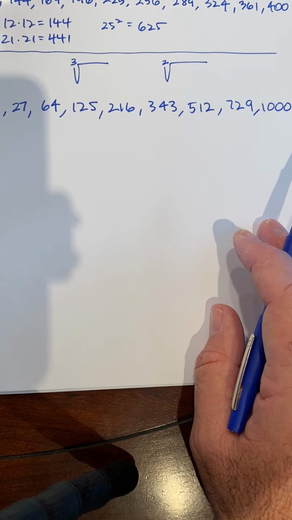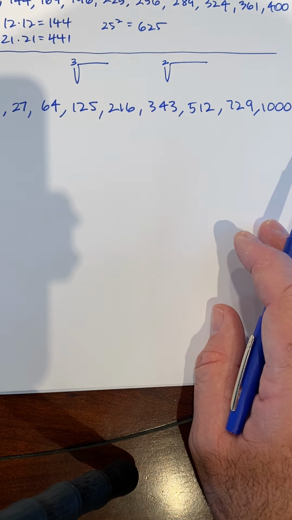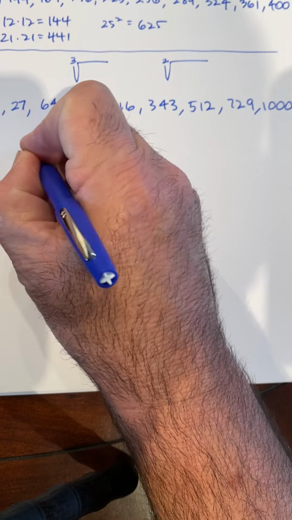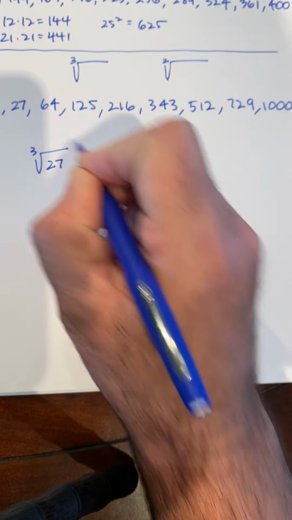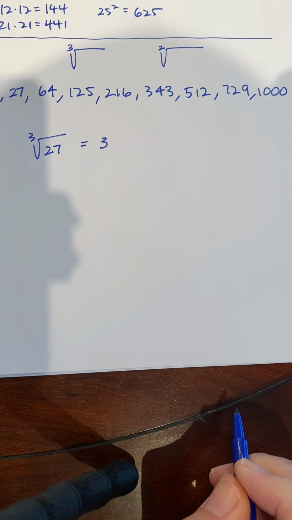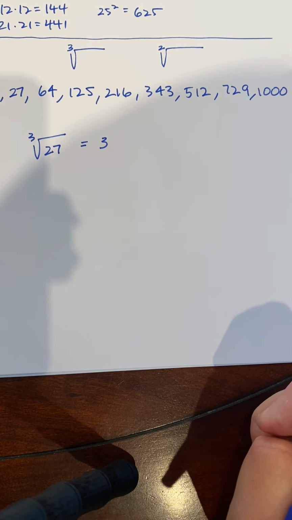So let me show you a couple of problems you're going to be asked to do in today's assignment. So let's say I asked you something as simple as, what is the cube root of 27? Well, you would say it's 3. And it's not plus or minus 3, because negative 3 times negative 3 is positive 9, times negative 3 is negative 27.